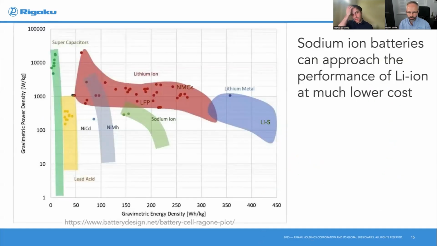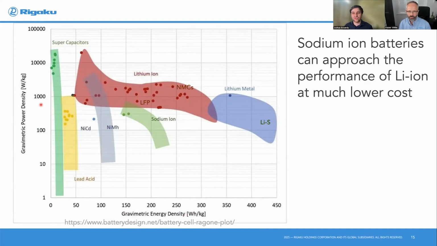All right. So why haven't we used sodium already? One of the reasons is shown in what's called a Ragone plot over here. And what this shows is on the x-axis, the gravimetric energy density, so the watt hours per kilogram of your battery, and on the y-axis, the power density.